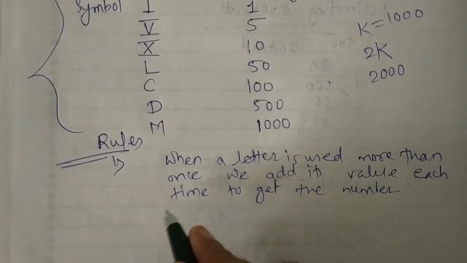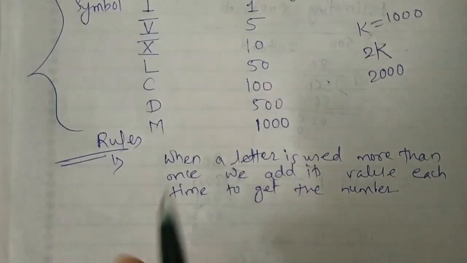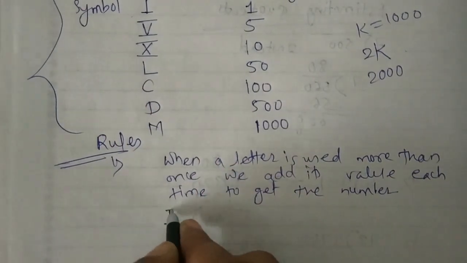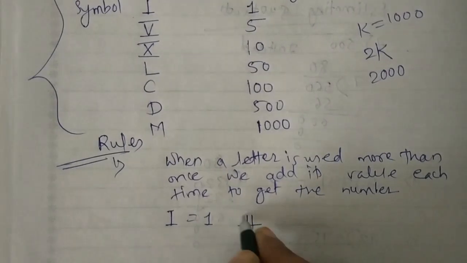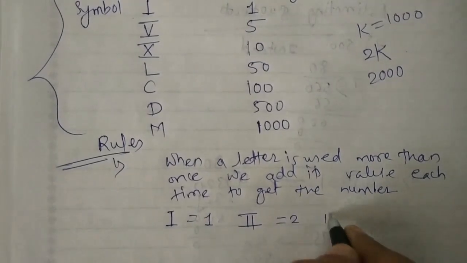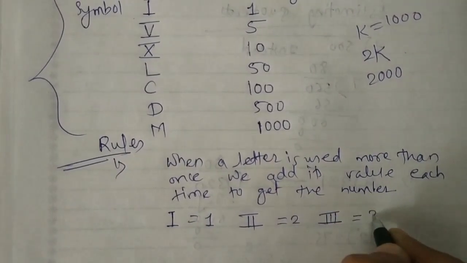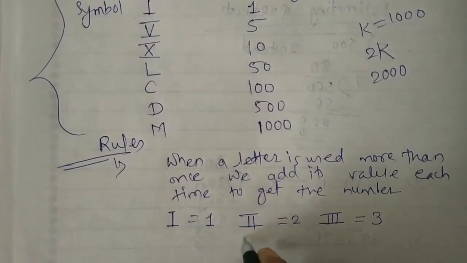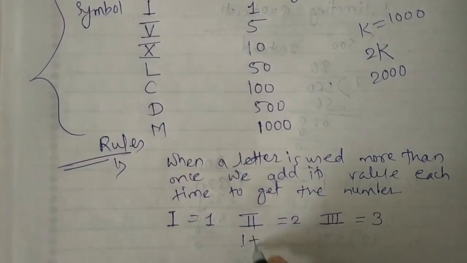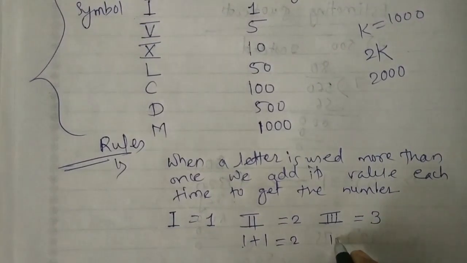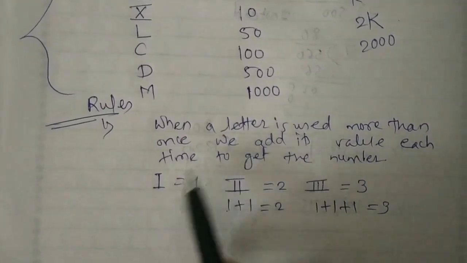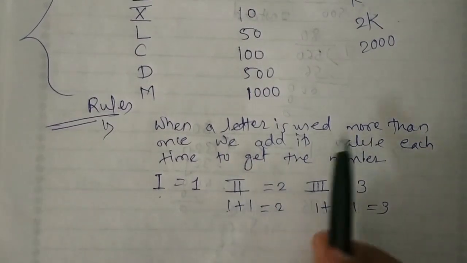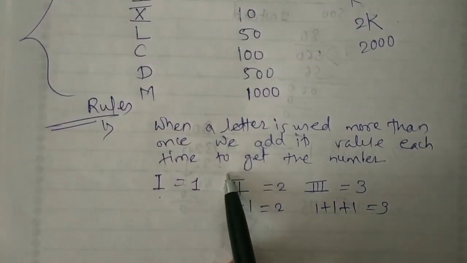For example, if I use the symbol I one time, it means 1. If I use I two times, it means 2. If I use it 3 times, it means 3. That means I plus I means 1 plus 1 is 2, and here 1 plus 1 plus 1 is equal to 3. So when a letter is used more than once, its value is added each time to get the number.